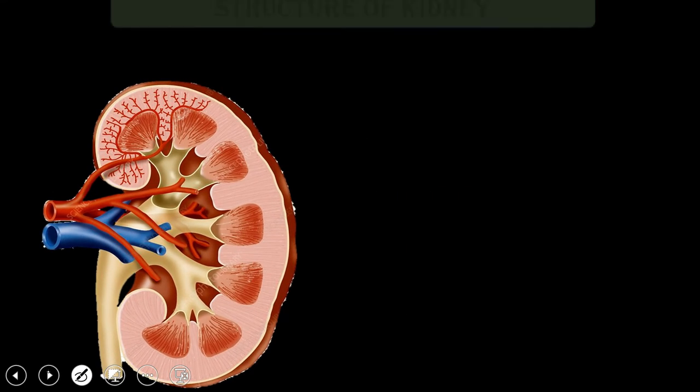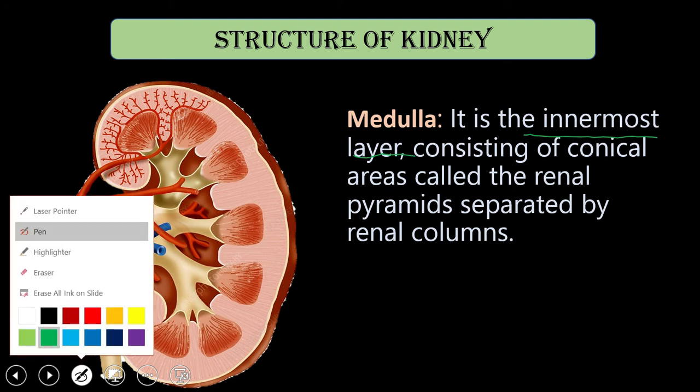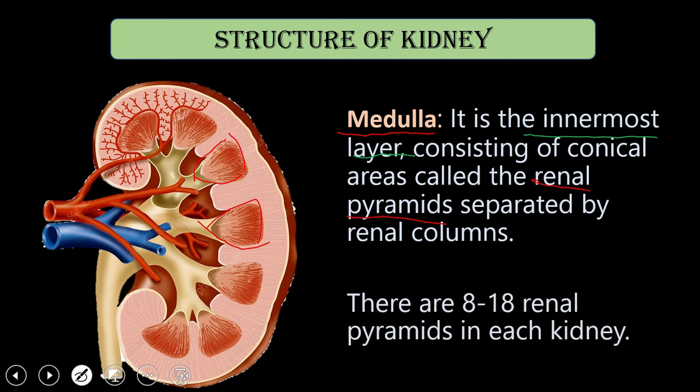Move to the next part, that is the medulla. The medulla is the innermost part of the kidney. The outer part is the cortex and the inner part is called the medulla. The inner part consists of conical projections or areas called pyramids. These medullary pyramids are present in the medulla region, and they are pyramid shaped. They are separated by the renal columns, and there are approximately 8 to 18 renal pyramids in each kidney.